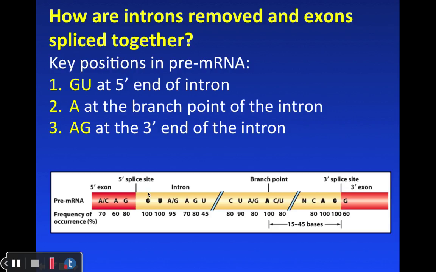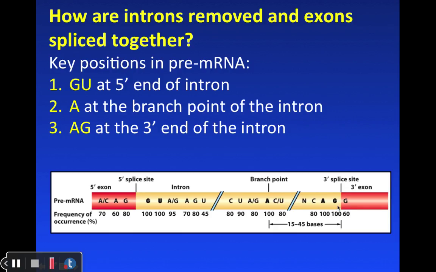I just want to point out this first GU, that's conserved. That's very, very common. That identifies the beginning or the 5' end of the intron. Also notice this A right here, that too is conserved. It's very, very common in introns. That's called a branch point, and we'll see why that matters in a second.